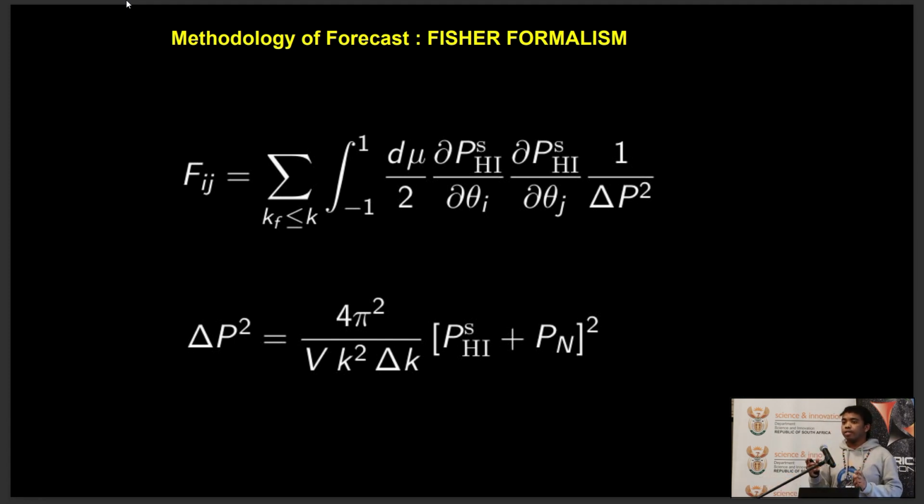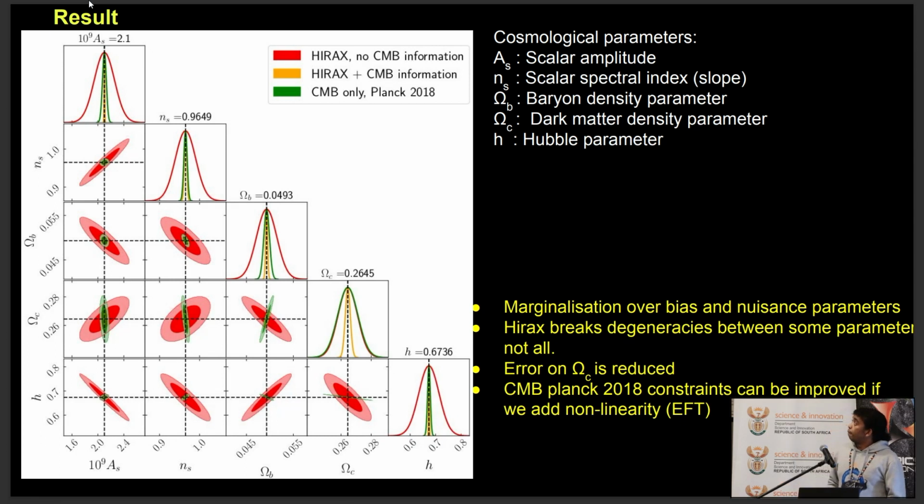But in the case of intensity mapping, the shot noise is there, but very small compared to the thermal noise. We can neglect it, and this can be purely the thermal noise that we can compute based on the specification of the telescope that you use, whether you use single dish or interferometer mode. In my case, I'm using the interferometer mode since it's good to study the small scales, the nonlinear scales.